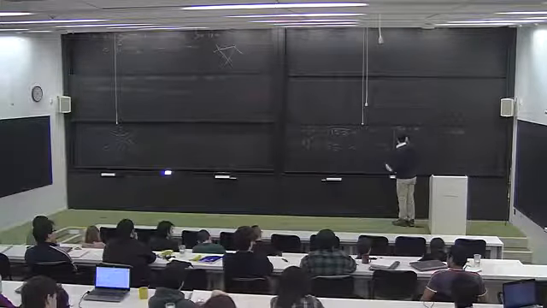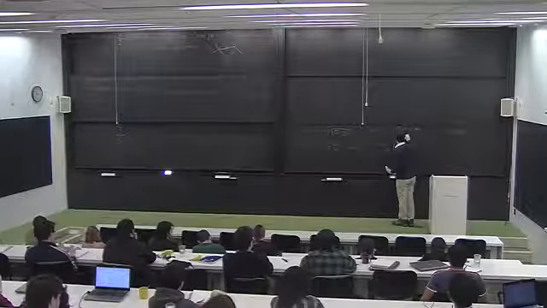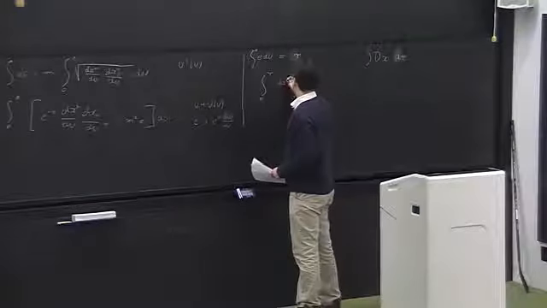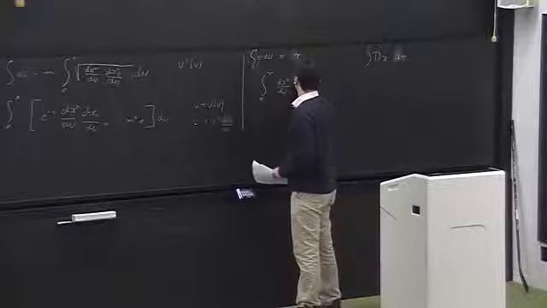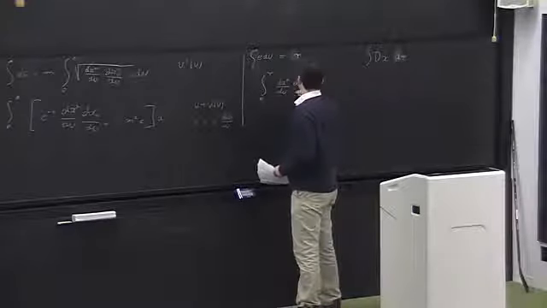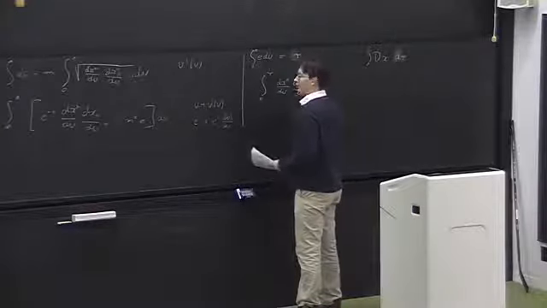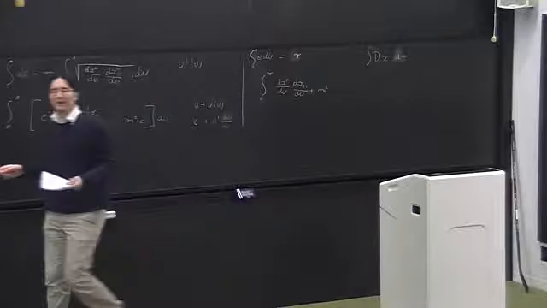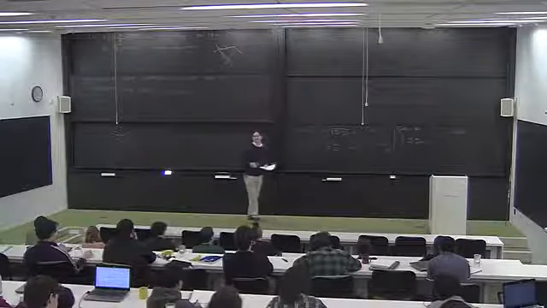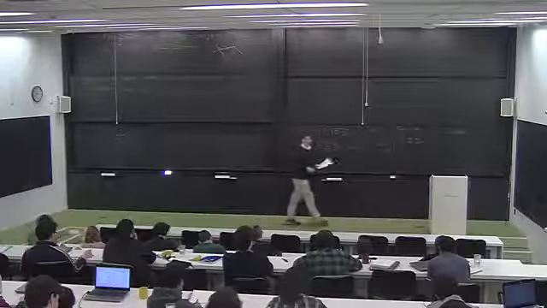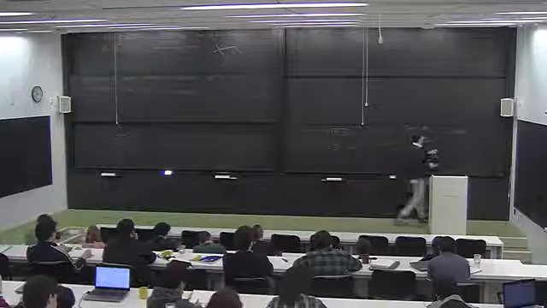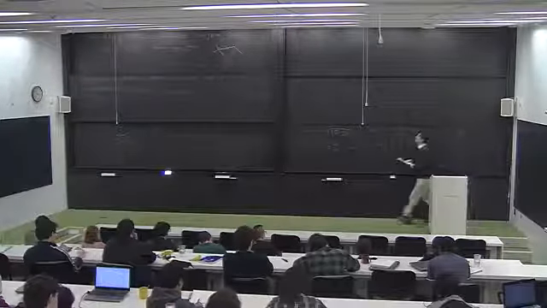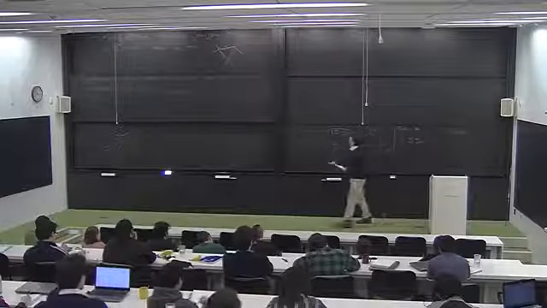So my action now looks like the integral from 0 to tau of dx mu over du, dx mu over du, plus m squared. So now I'm pretty happy because this is quadratic. It's a free action. So I can finally do my path integral exactly as Gaussian. And the result is this one up there.